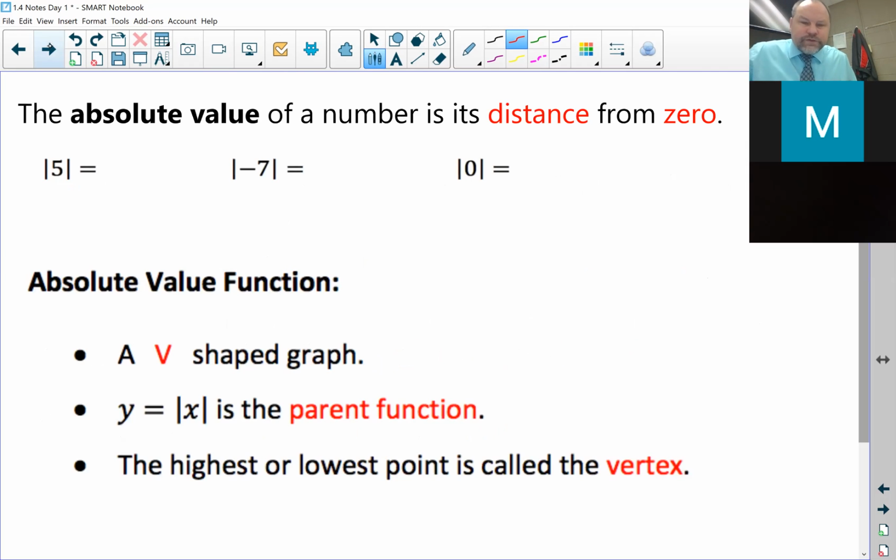All right, so absolute value, if you remember, of a number is just its distance from 0 on a number line. So because it's distance, distance is never negative. So the absolute value of 5 is 5. What is the absolute value of negative 7?